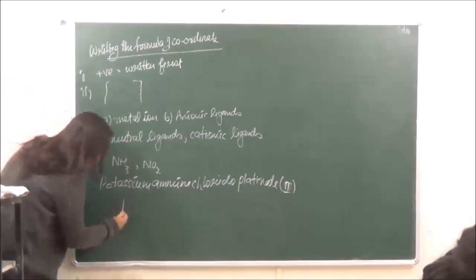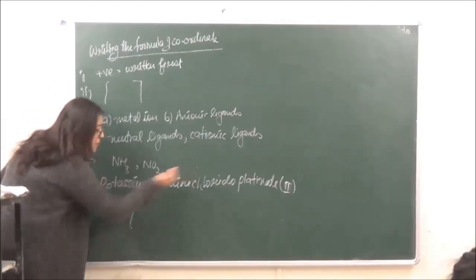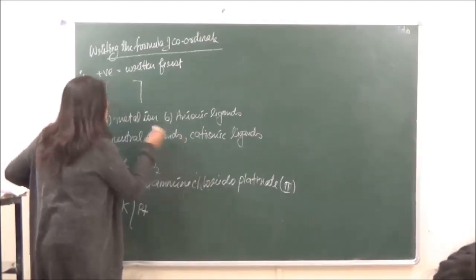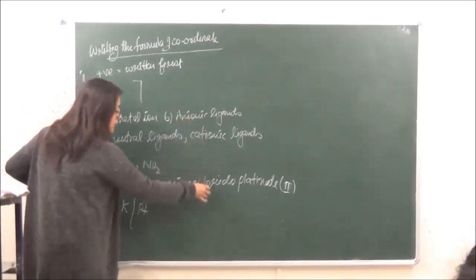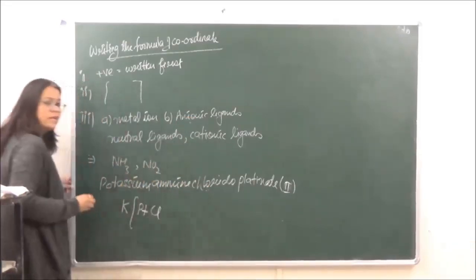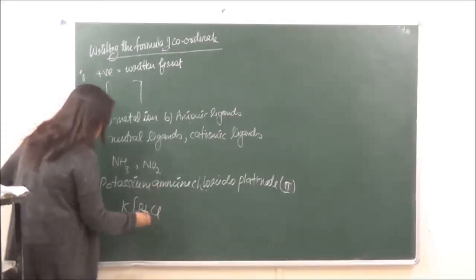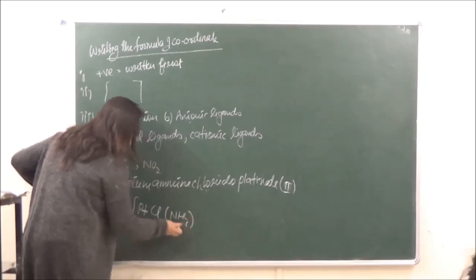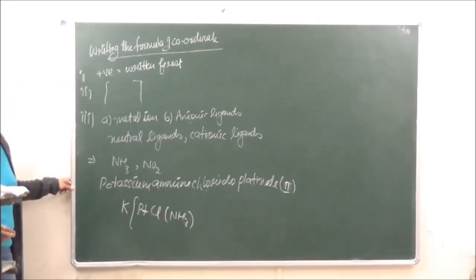So over here the counter ion is potassium. Okay? And we have platinate, we have amine and we have chlorido. So पहले हम किसको डालते हैं? Metal ion. उसके बाद anionic ligands. So anionic ligand यहाँ पे क्या है? Chlorine. ठीक है? फिर उसके बाद amine which is a neutral ligand. So we have amine. If there are more than 2 atoms present in the ligand, then they should be enclosed in round brackets. ठीक है?